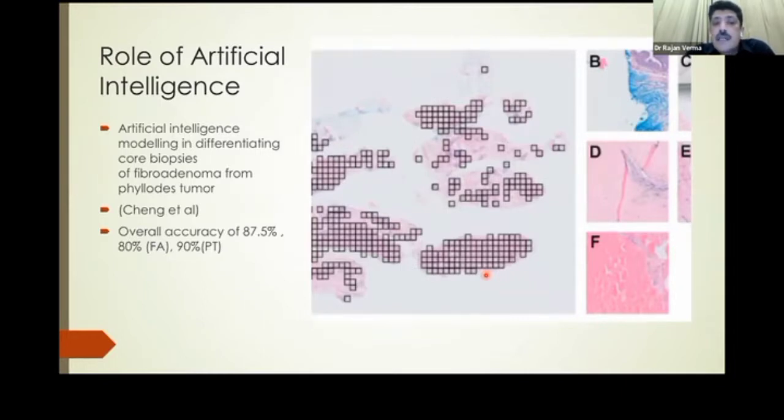And he found that there is a 90% chance of having a phylloid tumor reported by machine learning and deep learning by the algorithm which was trained, and he could diagnose a fibroadenoma with an accuracy of 80%. Overall, with 87.5% he can come to a conclusion that this is a cellular fibroadenoma or a phylloid tumor. That is a huge achievement if you look into the subjectiveness which is found under the microscope. So these are very promising results we got.